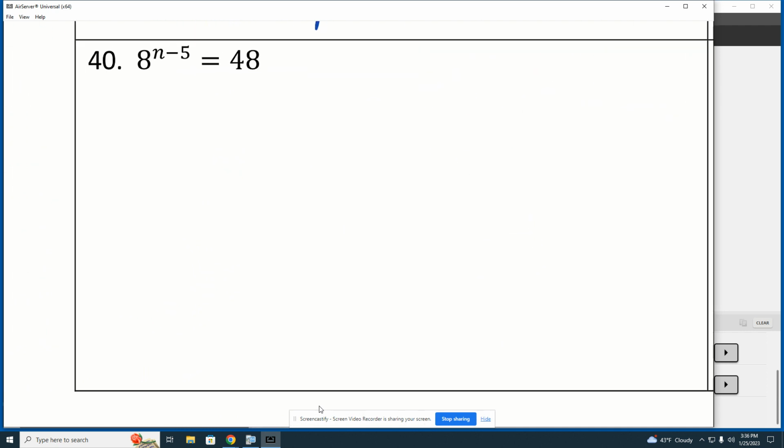Number 40. Again, it's exponential, we know, because there's a variable up there in the exponent spot. And then here's its base. It's already isolated. So I'm going to go ahead and rewrite this as a logarithm. So I do the log base 8 of 48 equals n minus 5.